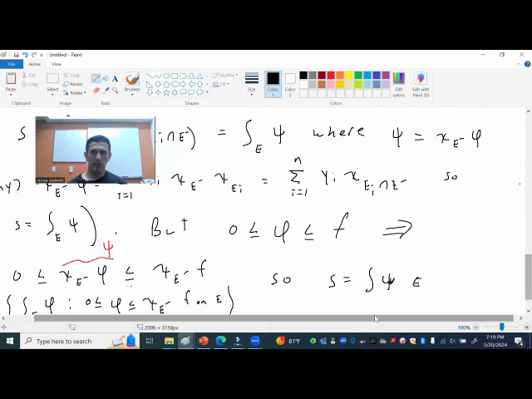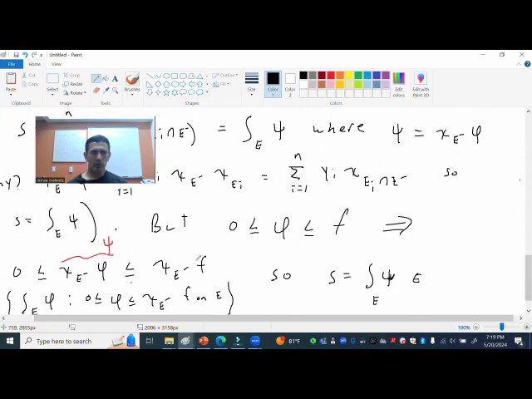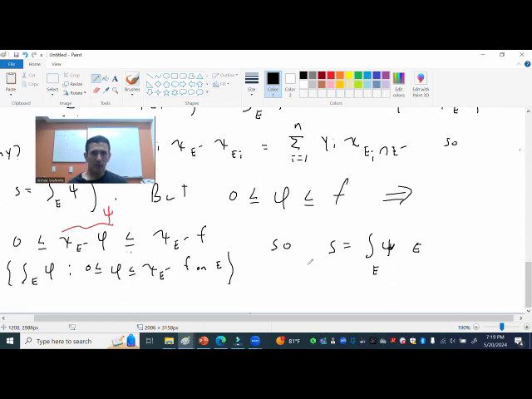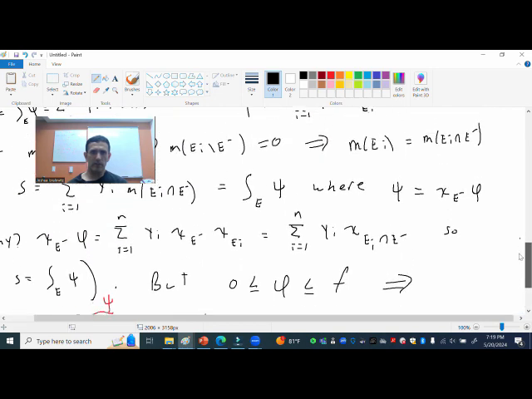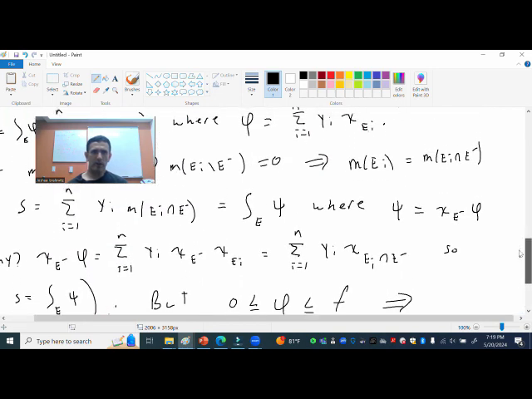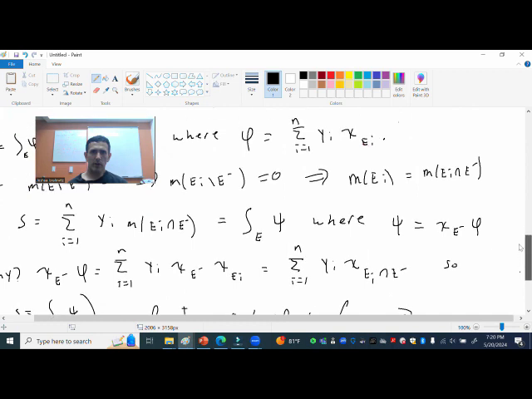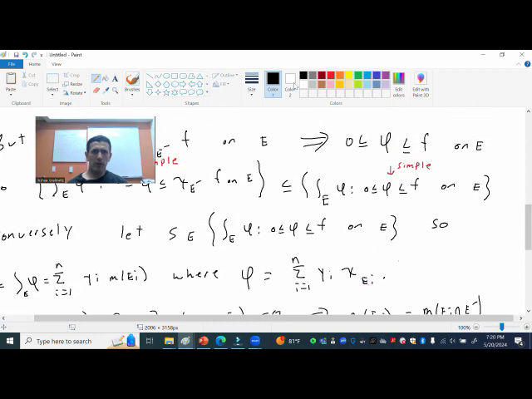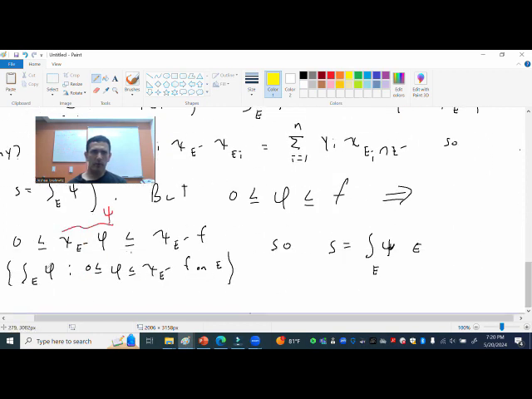Because particularly, psi is between 0 and the characteristic function of E prime times f, and S is this integral here. So in other words, what did we do? We picked arbitrary S in this set, and we proved that it has to be in this set.